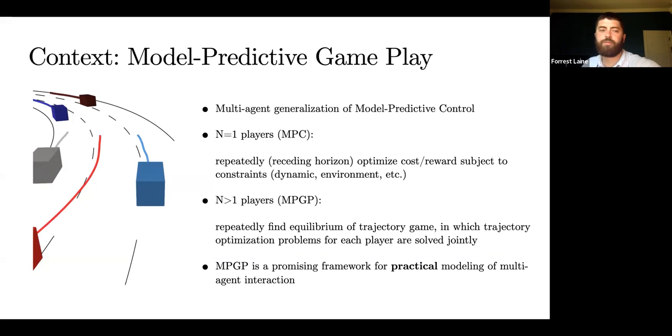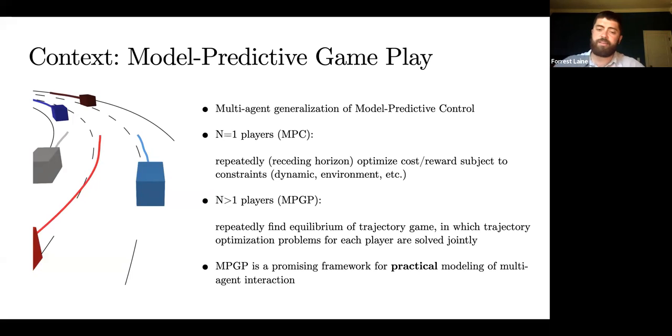So the idea now is that we're going to set up this trajectory game. So we're saying, okay, everybody's going to try to optimize their own objective, and they're all going to try to avoid colliding with each other. And then we can optimize and solve for this equilibrium of the game. And the result of that equilibrium is a set of trajectories for all the players in a way that those trajectories are generated kind of understanding the existence of each other.